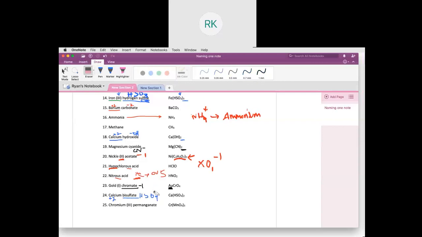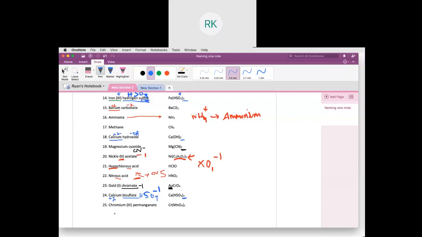I apologize again, it is a learning curve. So in order to counteract the charge from calcium, plus 2, we need 2 bisulfate ions. So calcium, HSO4, and we need 2 of them to counteract the charge from calcium.